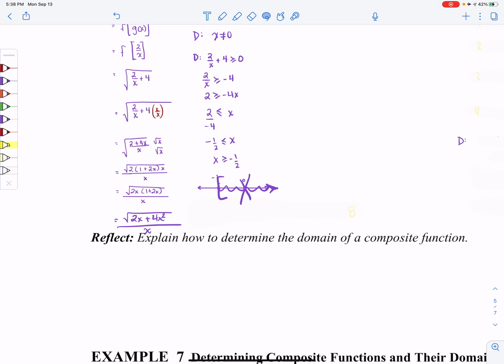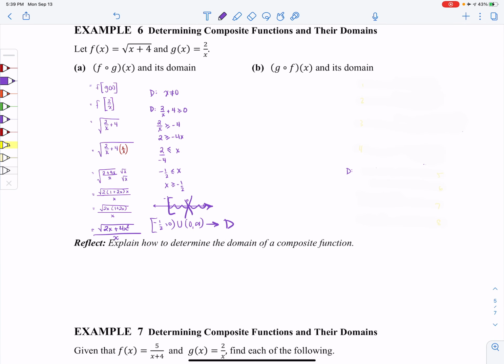Well, the first piece is going to be from -1/2 up to 0. And the second piece is going to be from 0 all the way to positive infinity. Okay, so this right here is your domain. This is your domain. All right.